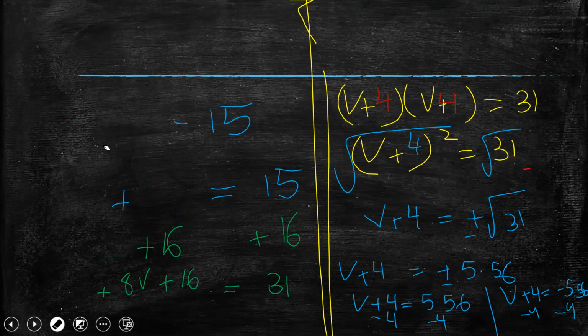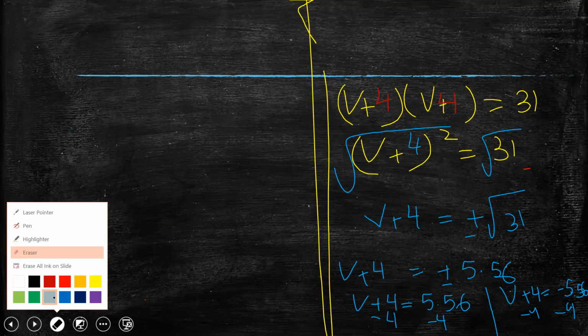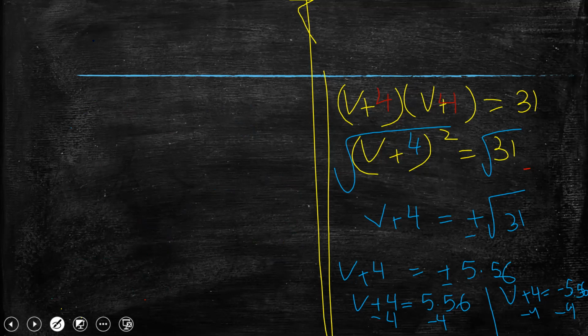Wait, please. Let's rewrite it here. Now we say that v plus 4 equals positive or negative 5.56. Why positive and negative? Because the square root of any number could be positive or negative. Since we have a variable, if there's no variable, you will tell me it's only a positive number.